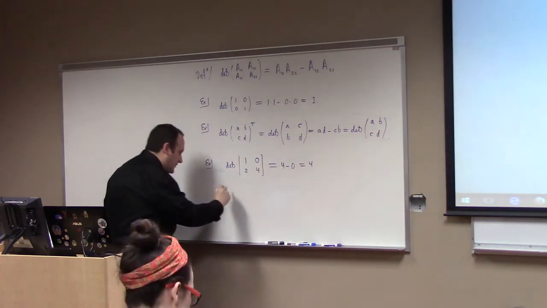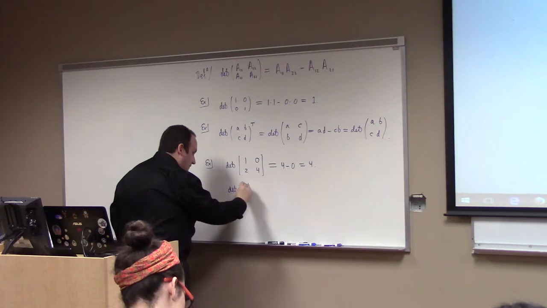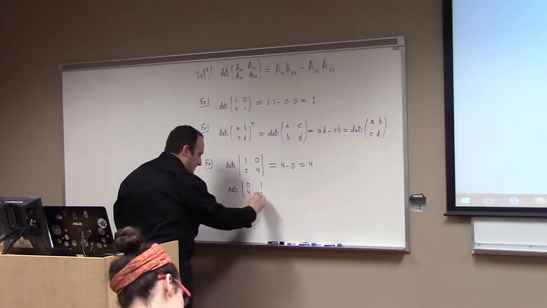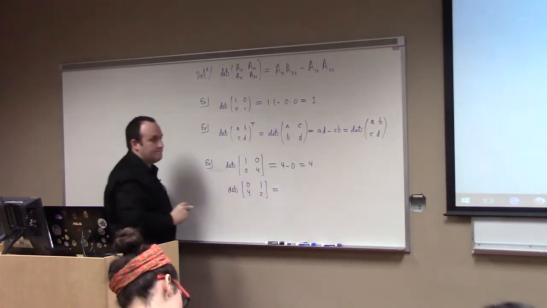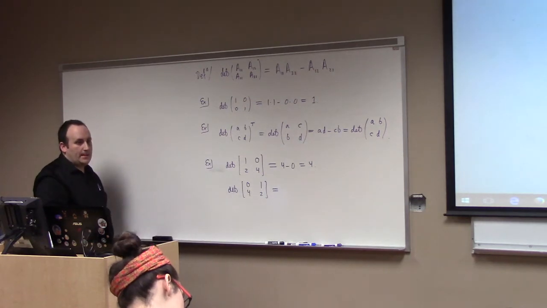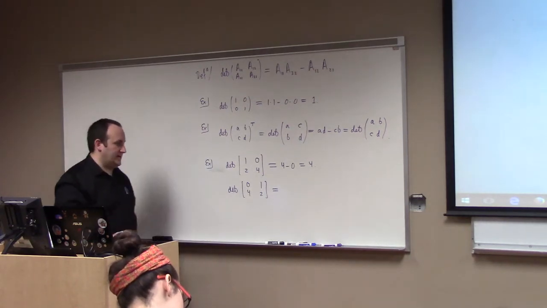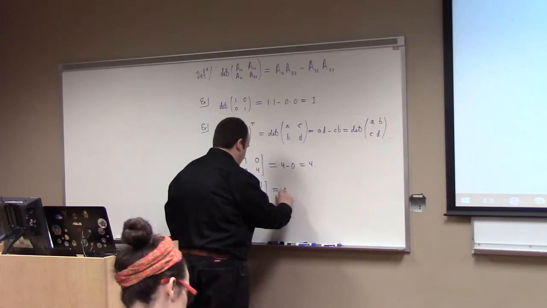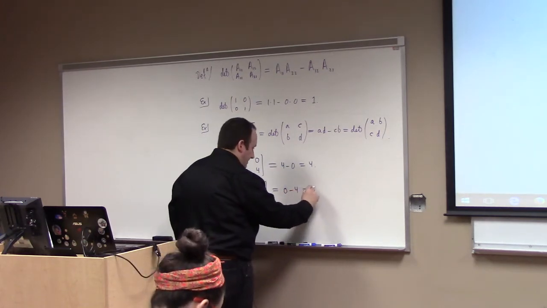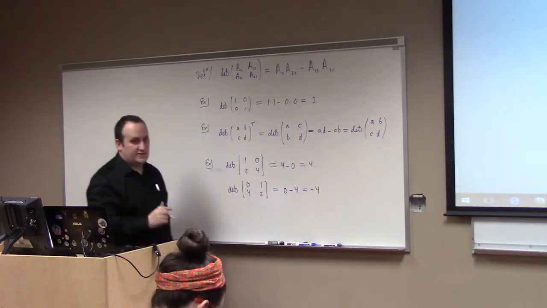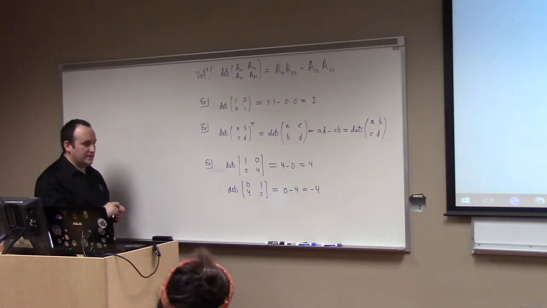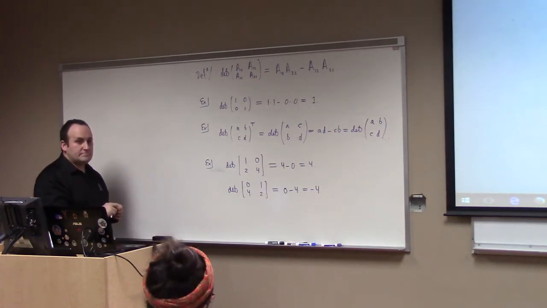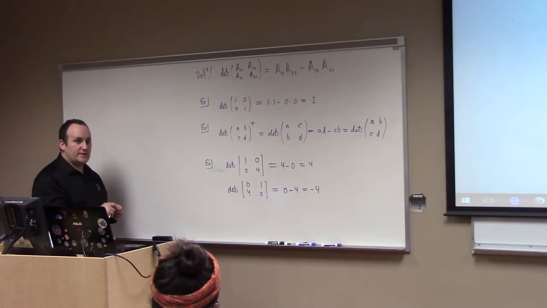What happens if we calculate the determinant of 0, 4, 1, 2? Yeah, we get 0 minus 4, right? So apparently switching the columns gives us minus the same result.